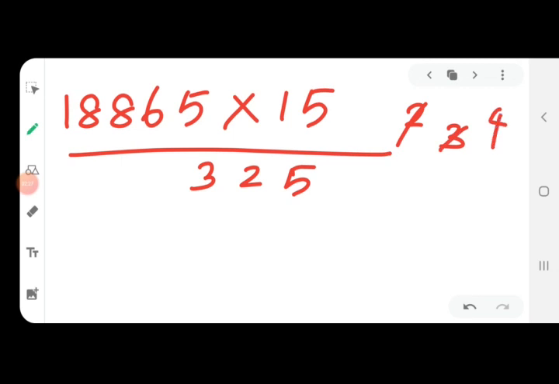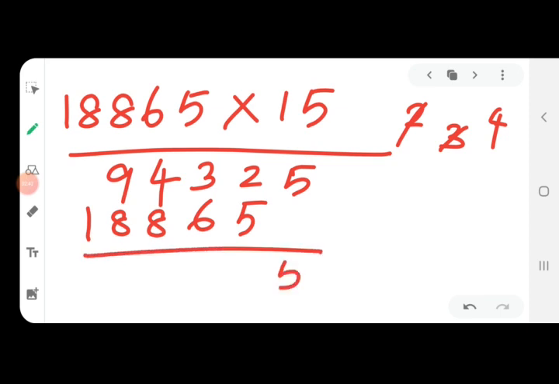Again 8 5s are 40, 40 plus 4, 44, remaining 4. 1 5s are 5, 5 plus 4, 9. Next we have to multiply with 1. So 1 5s are 5, 6, 8, 8, 1. Okay. Now 5, 7, 9, 8 plus 4, 12, remaining 1, 10 plus 8, 18, remaining 1, 2.